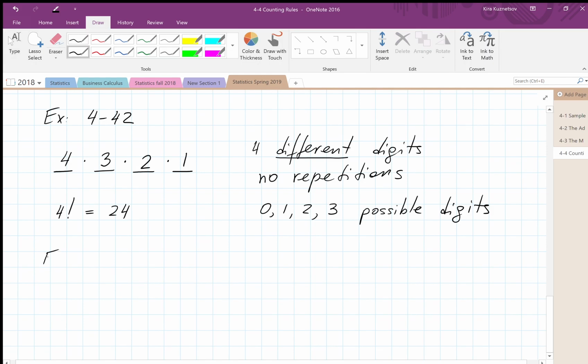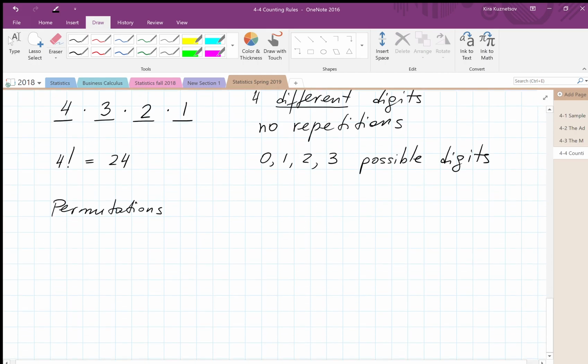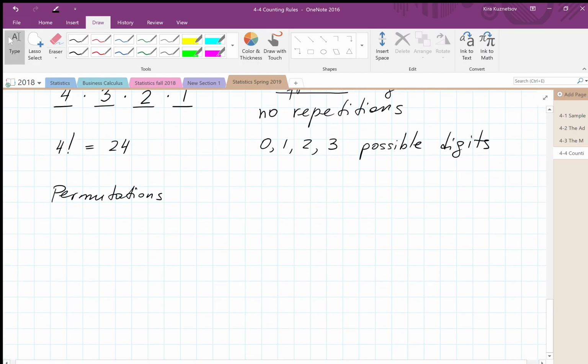My next formula is permutations. The formula for permutations has to do with the factorial.